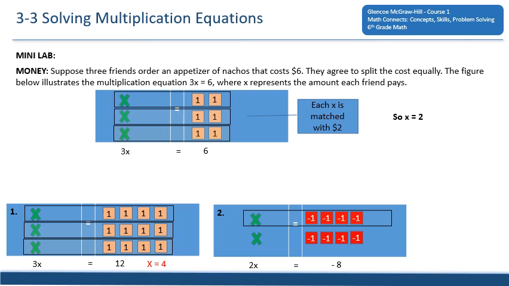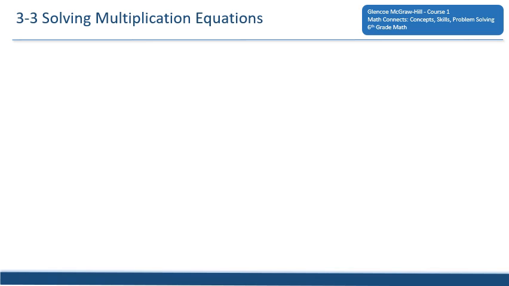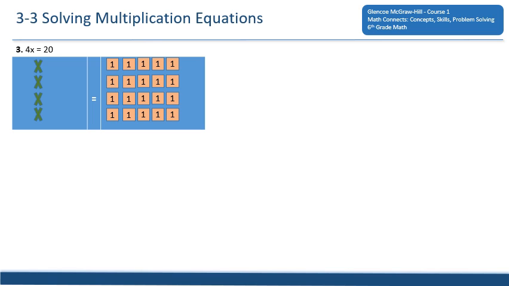Can I divide the x's by 2 and the negative 8 by 2 so that I get x equals negative 4? 4x equals 20. So I have 4x and I have 20. Can I divide the x's by 4 and then the 20 by 4? So I get x equals 5.